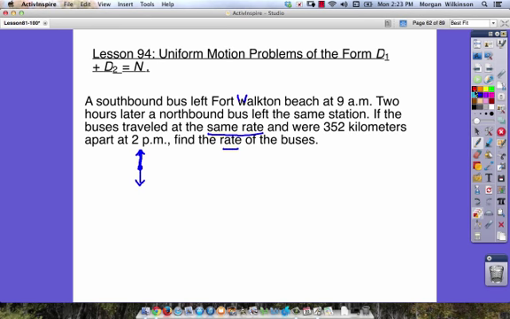Now what we know in this problem is that our first distance, the distance that our southbound bus travels, plus the distance that our northbound bus travels, puts them at 352 kilometers apart at 2 p.m. So this distance at 2 p.m. is 352 kilometers. So what that tells us is that the distance of the southbound bus, plus the distance of the northbound bus, d sub n, will equal 352.